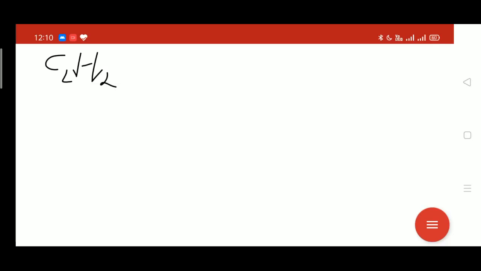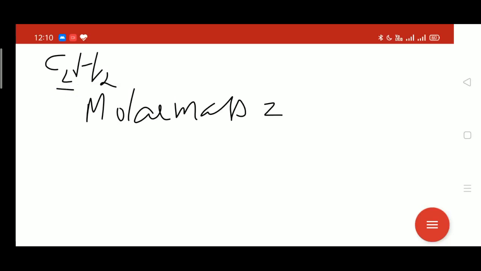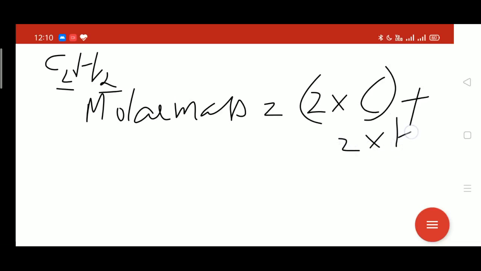So, molar mass of C2H2 will be equal to 2 into atomic mass of carbon plus 2 into atomic mass of hydrogen, the same manner as we were calculating molecular mass.